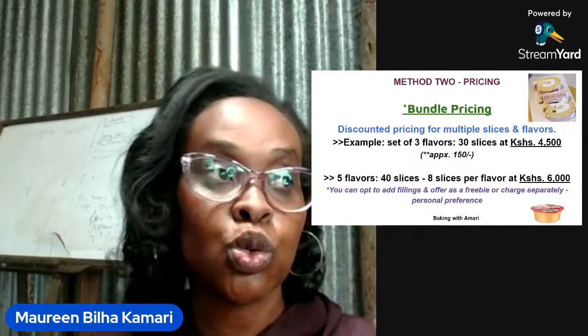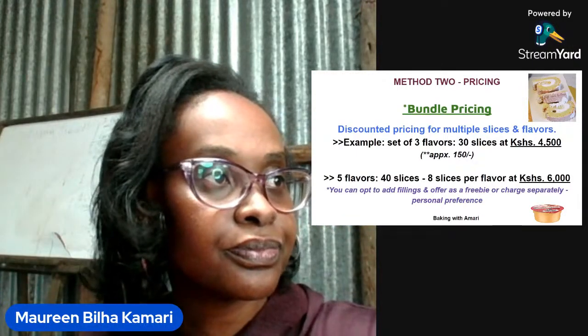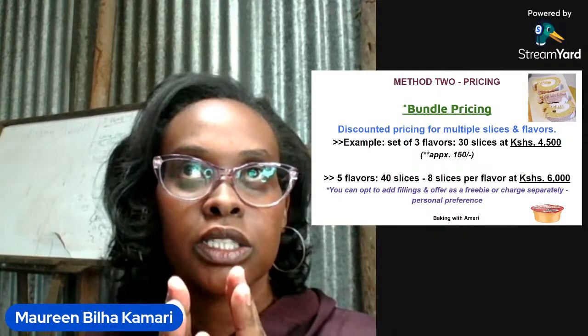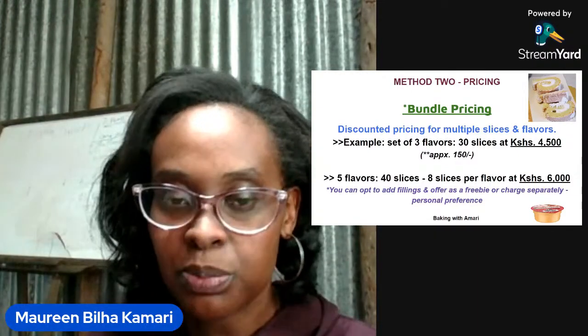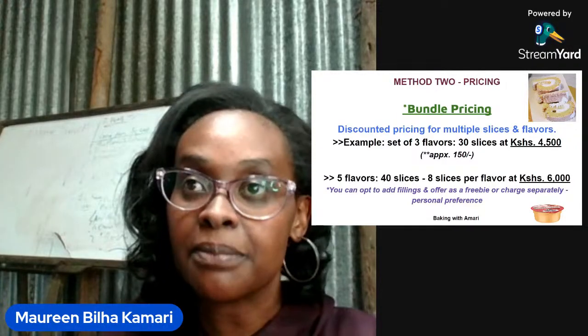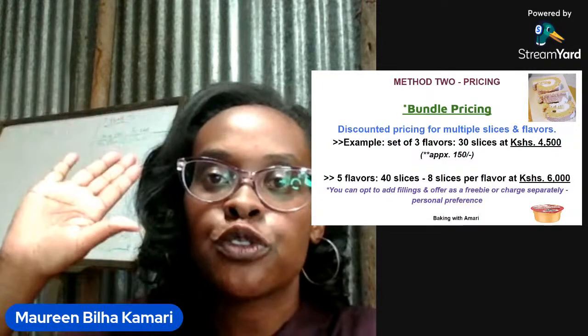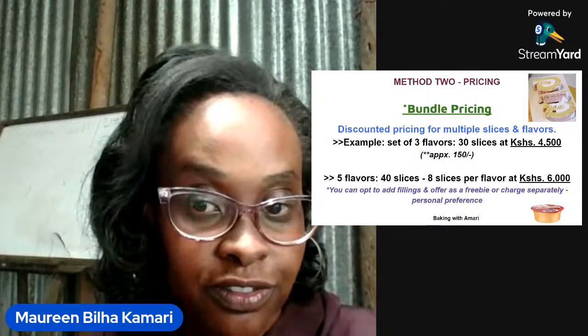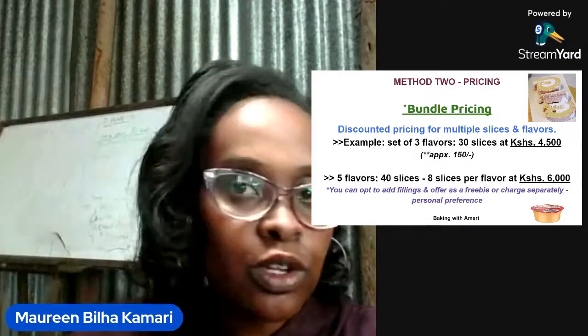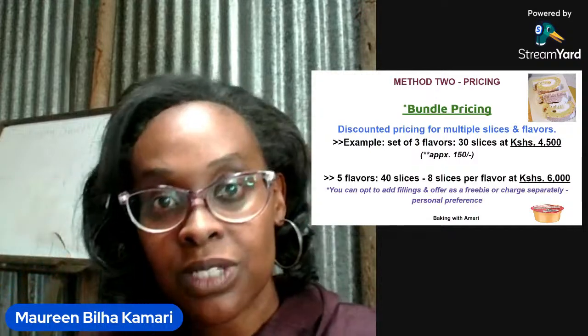Second method of doing this is doing something like 5 flavors, right? If somebody wants to try multiple flavors, you can do 5 flavors and tell them for 5 flavors, I will offer you 40 slices. So you're assuming maybe 8 slices per flavor. And the total for those 40 slices is going to be 6,000 shillings.